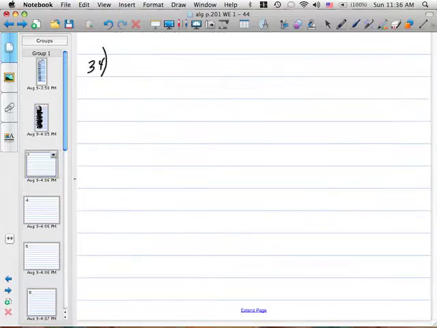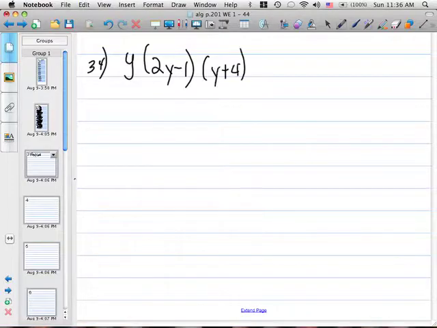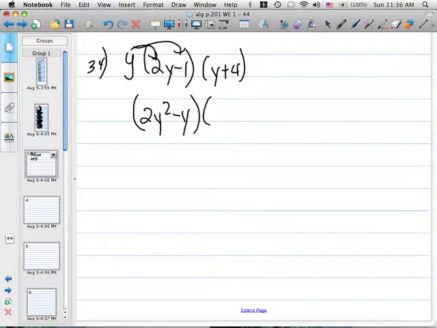Problem 34. You have y times 2y minus 1 times y plus 4. We need to take the monomial times the first binomial to be able to use FOIL. So times y times this binomial. So we get 2y squared minus y. Now we can apply FOIL.